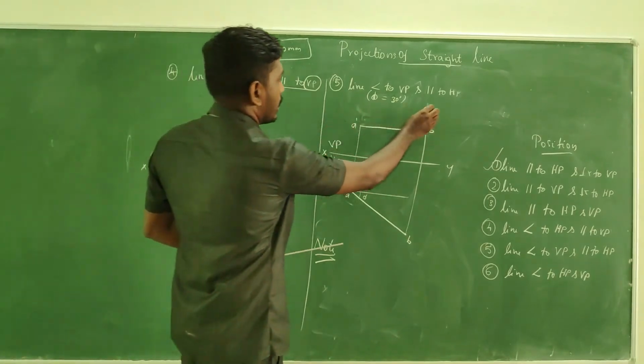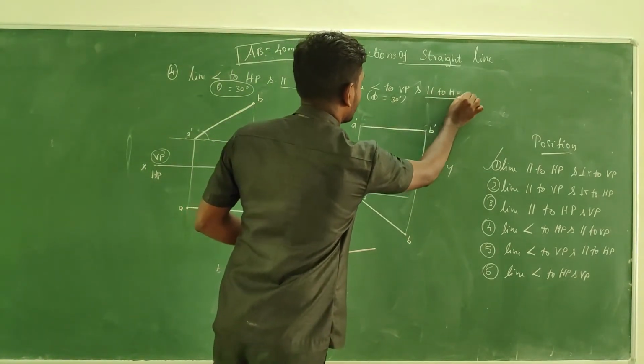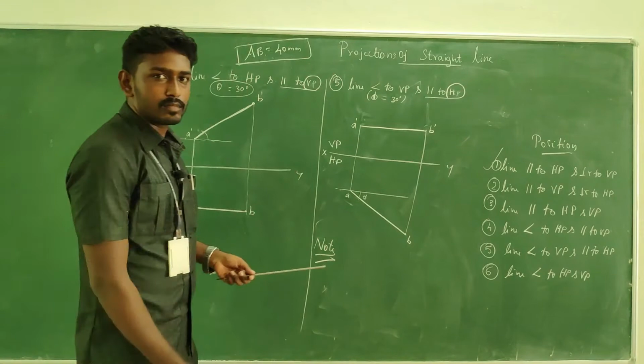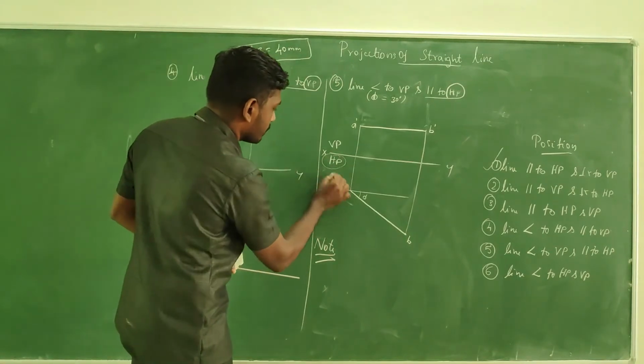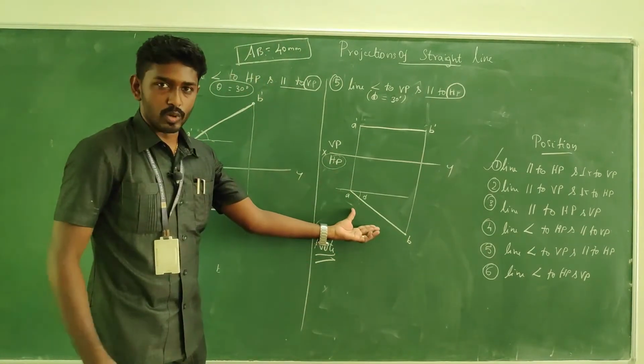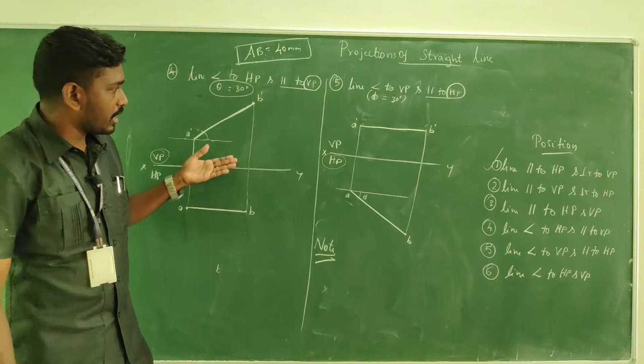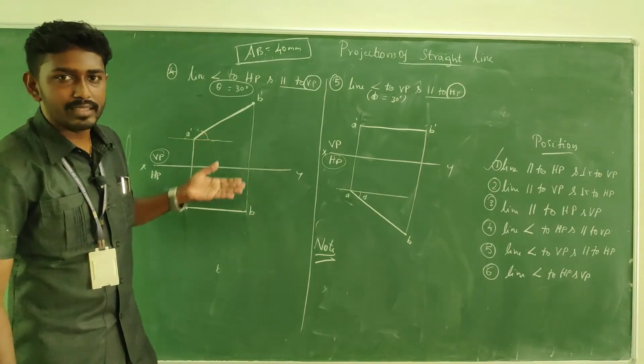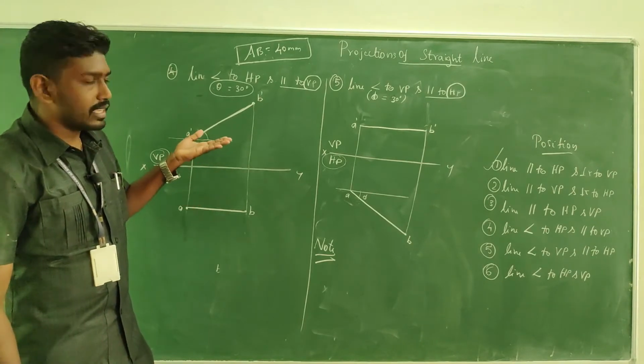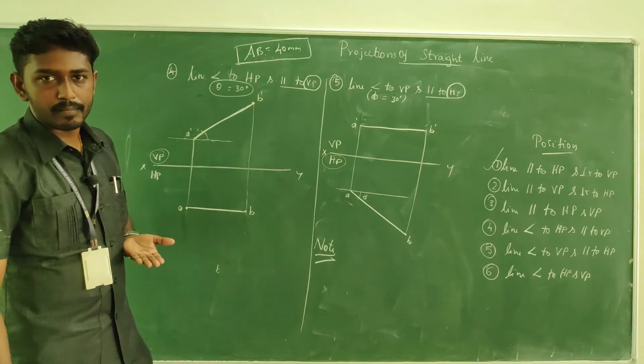Here the line is parallel to HP, and in the HP plane you are able to see the true length. From that only we got the projection. If you check positions 1, 2 and 3, it will be the same.